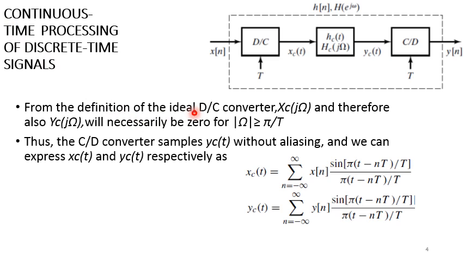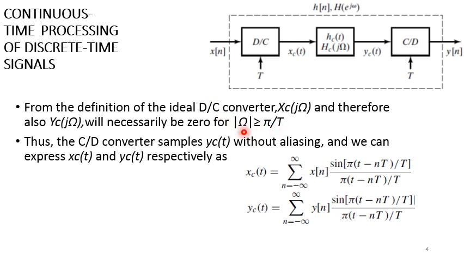So from the definition of the ideal discrete to continuous converter, the input signal X_c(j omega) and the output signal Y_c(j omega) must also be band limited. That means for the absolute frequency omega greater than or equal to pi by T, these two signals will be 0. You understand that basically this equation relates to the Nyquist criteria.